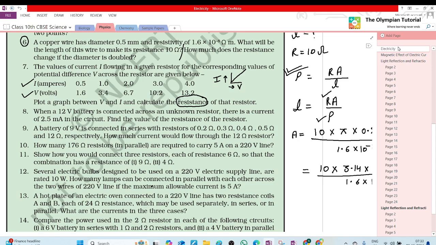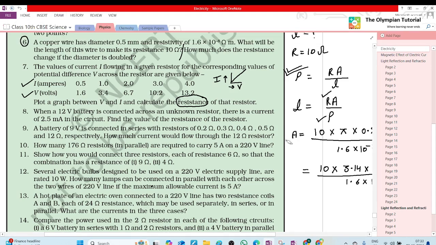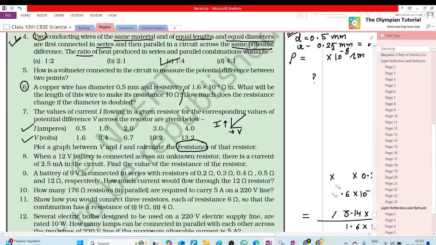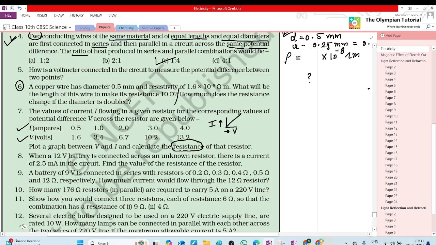Can you easily plot the graph or not? Do you need help in plotting the graph? Please confirm, students. Ma'am, can you help in plotting the graph?